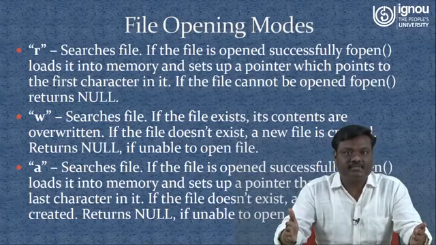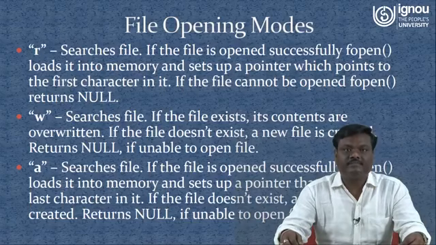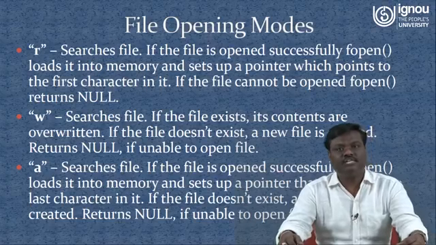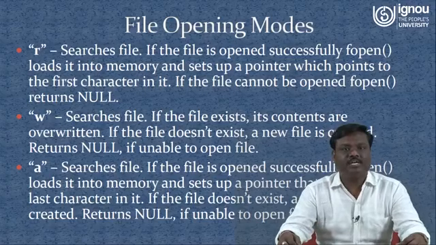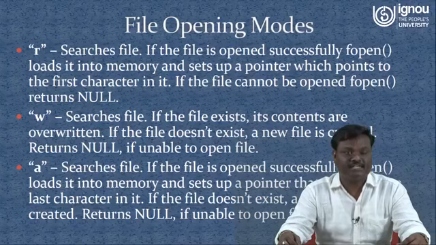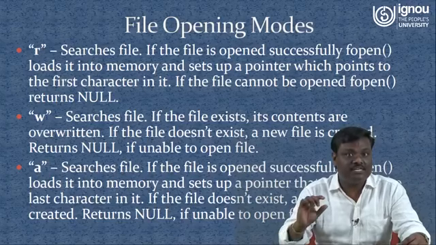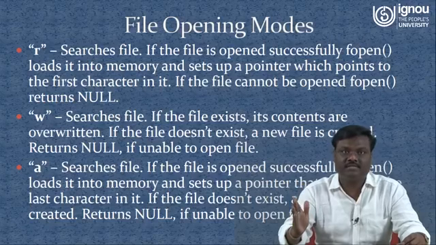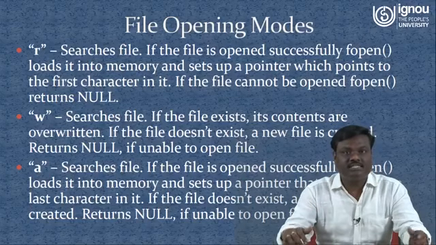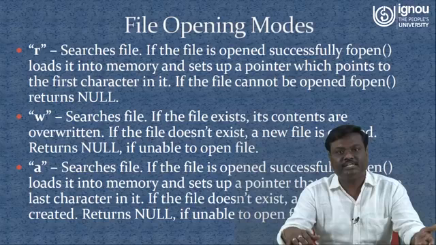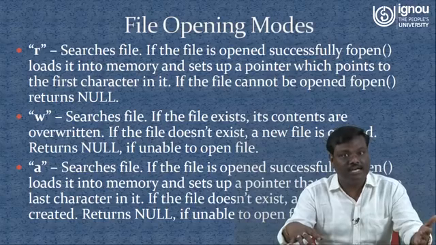Whenever we put the second argument as A, it searches the file. If the file is opened successfully, fopen loads it into memory and sets up the pointer that points to the last character in it. Because we are using append, it continues from the end point that existed earlier. If the file doesn't exist, a new file is created, and it returns null if unable to open the file.